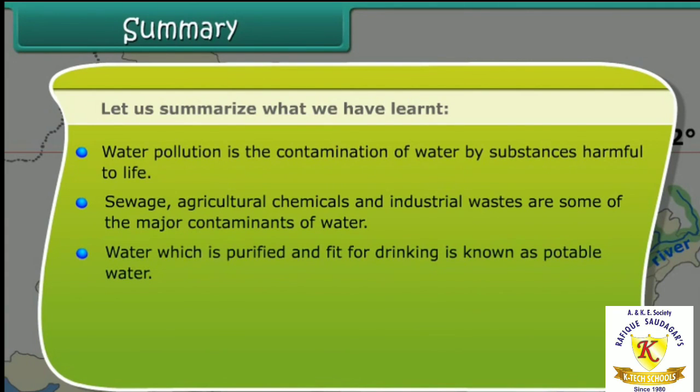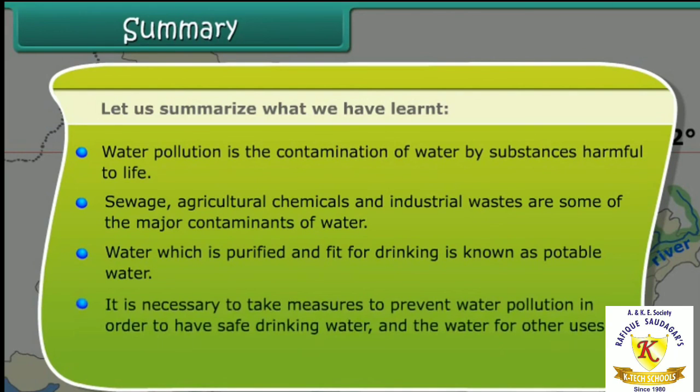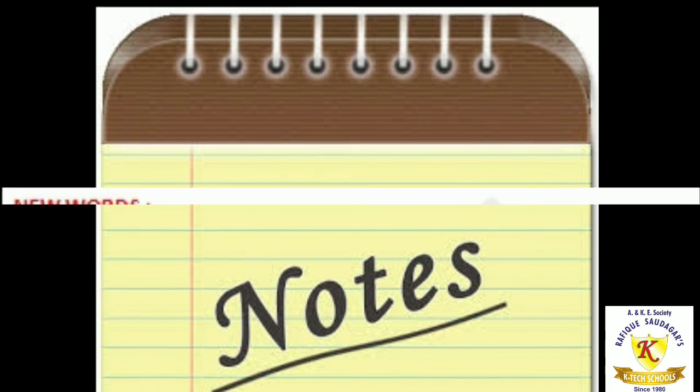Water which is purified and fit for drinking is known as potable water. It is necessary to take measures to prevent water pollution in order to have safe drinking water and water for other uses. Let's see the notes.